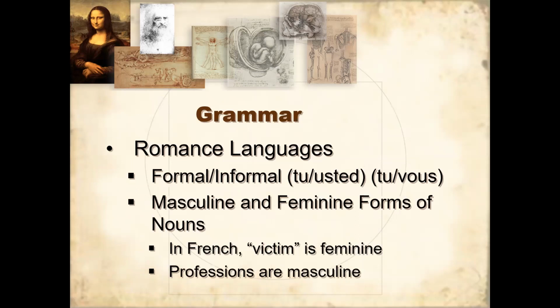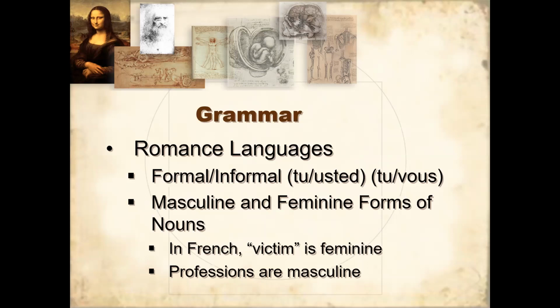Romance languages are a good example. So if you've taken French or Spanish, not German, French or Spanish, go to Italian, they have the idea of formal and informal, you know, versus the informal, like we're buddies or equals, and then you being like, oh, I'm talking to my boss or my teacher. And you also have masculine and feminine forms of nouns.